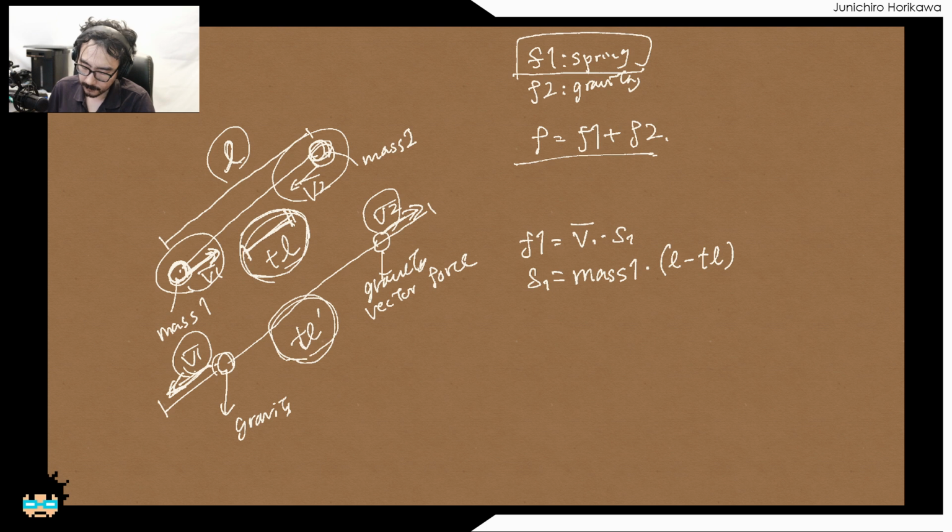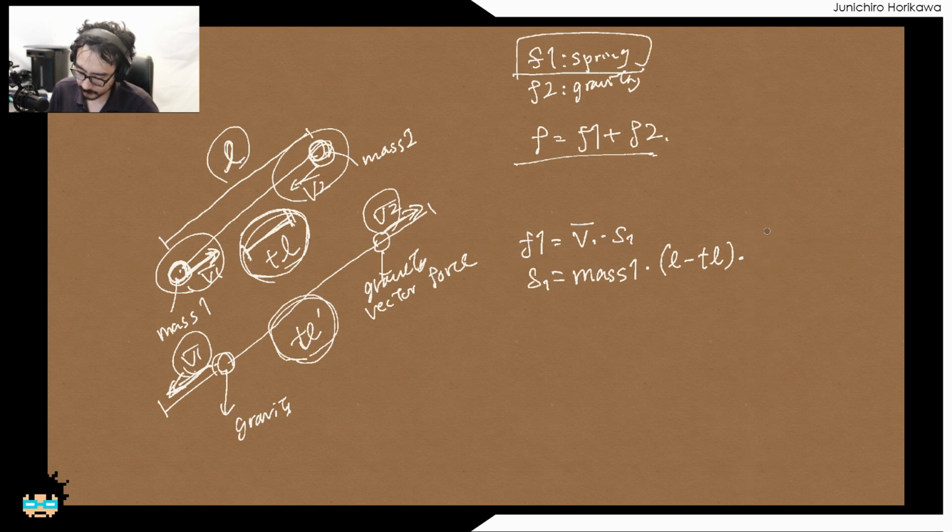Now this force itself is not really a gravitational value, so we're not going to multiply by a gravitation coefficient, but instead, if it's a spring force, you could have a stiffness, like how hard the spring is.